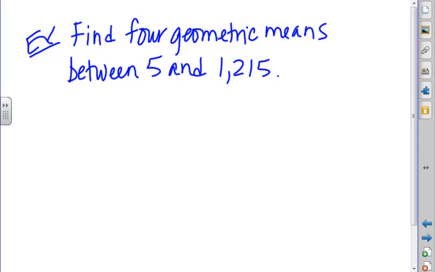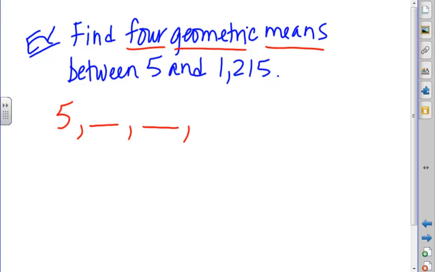What could we do? I'm going to go ahead and draw a little sequence so I can think about it. This is as much about vocabulary as anything, and realizing that really what I'm trying to figure out here is a geometric sequence. So I need 4, so I'm going to put 4 spaces.